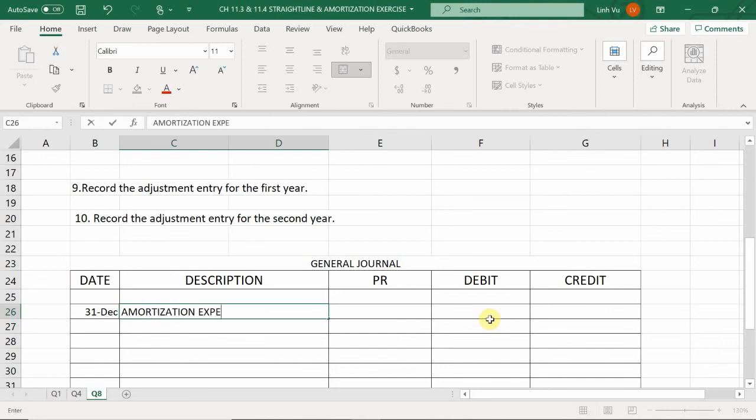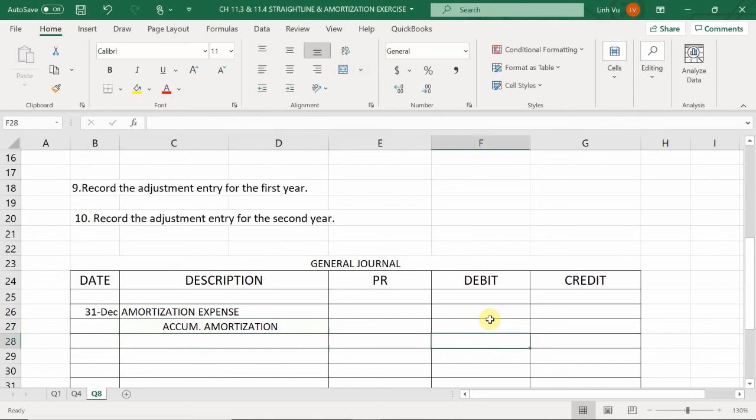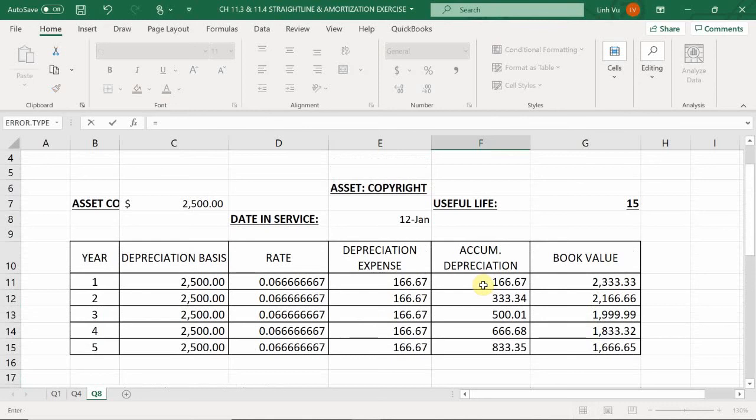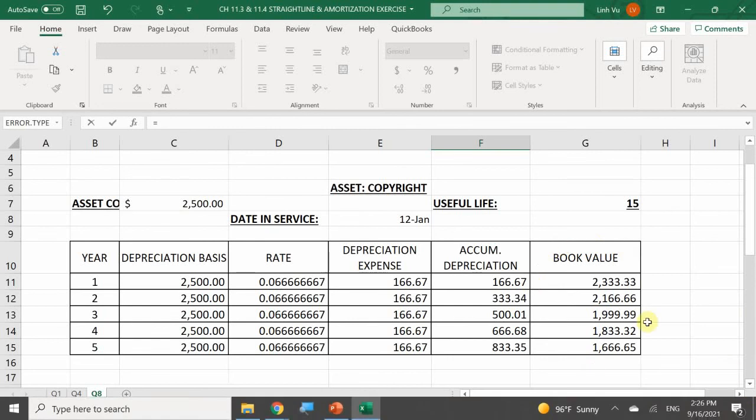And then the accumulated amortization. Good. All right, for what value? The 166.67.